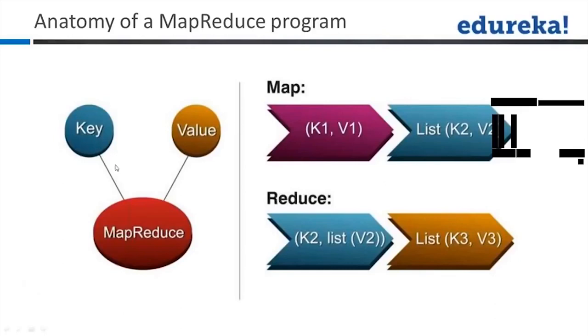That's the second thing we do. Just a minute, Vamsi, it will be clear. Then we use this list, the key and a value list, and do some manipulation or calculation on it to get another key value pairs.